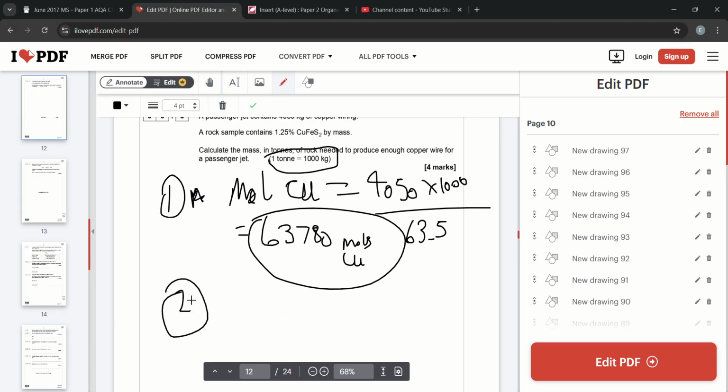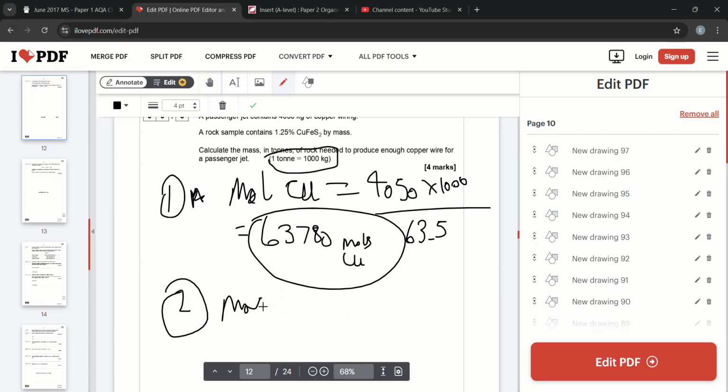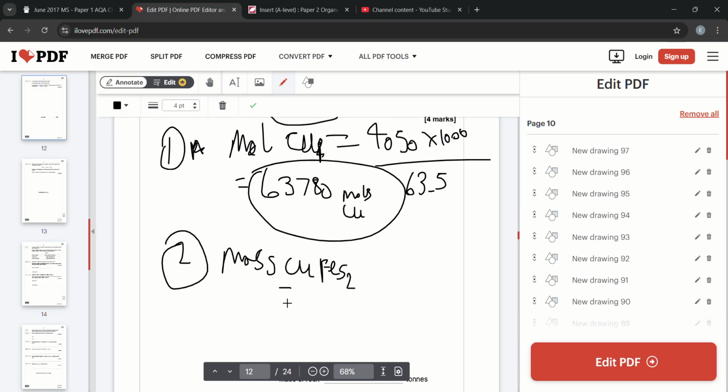And now if I want to find the mass of CuFeS2, the mass is going to be the moles times the Mr. Because of the 1:1 molar ratio, the mass of CuFeS2 is 63,780 times the Mr of CuFeS2.